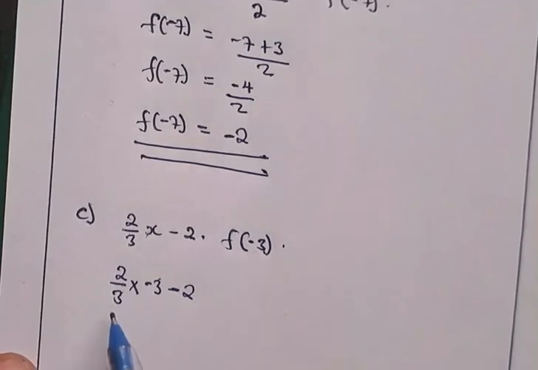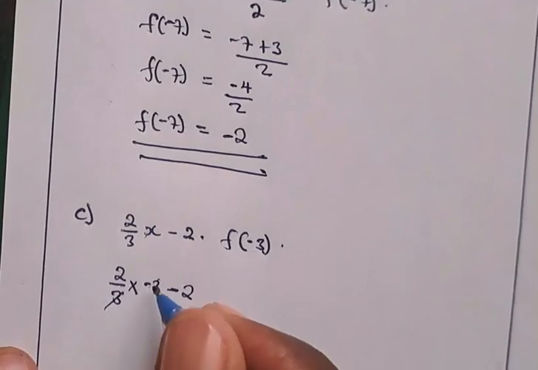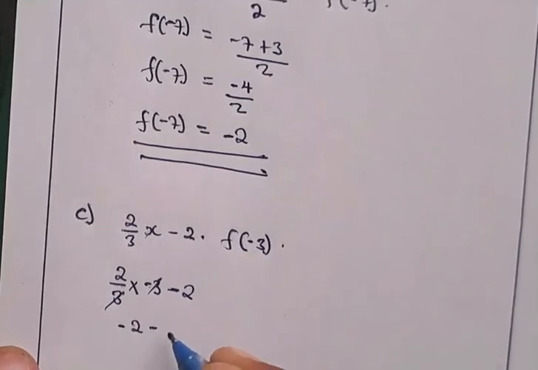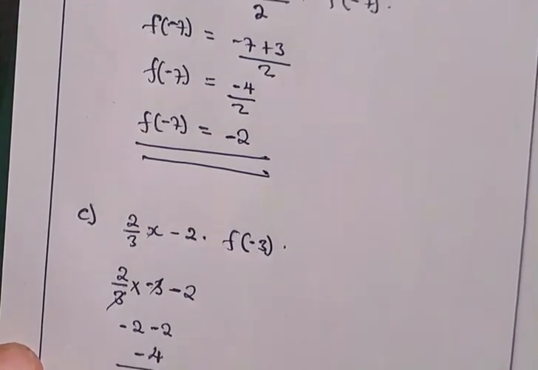So we're going to have something like here to be negative 1, so it will be 2 times negative 1. So this one and this one is going to cancel. So we have 2 times negative 1, that is negative 2 minus 2. So negative 2 minus 2, negative 4.